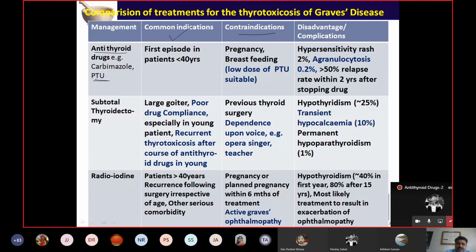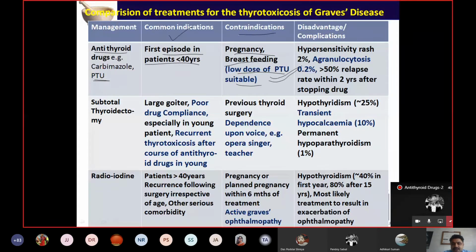Generally it is indicated in the first episode in a patient with age less than 40 years, because for less than 40, surgery and radioiodine are not the preferred ones. Contraindication is pregnancy and breastfeeding, but in low dose propylthiouracil is suitable. We can give it, but carbimazole cannot be given. So that is what we are repeatedly telling.